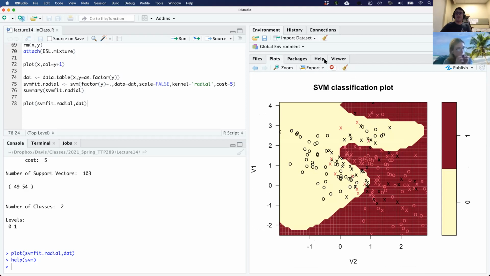Okay, so a follow-up question. If say the cost was equal to C and we had set it to 5, but it had to incorrectly classify more than 5, would it still just fit it even though we told it only 5? So there are 2 ways that it can deal with it.